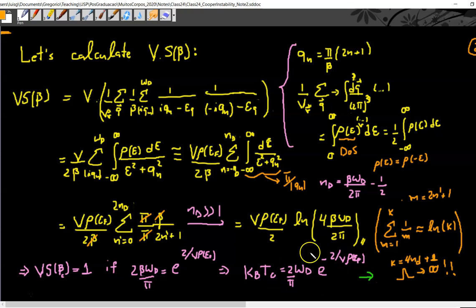Because of precisely this exponential factor. But nonetheless, the result, even for this very simplified model, tells me that there might be a transition where this pair vertex will diverge. And that's what we call the Cooper instability, okay?